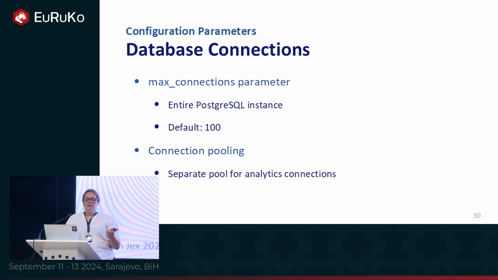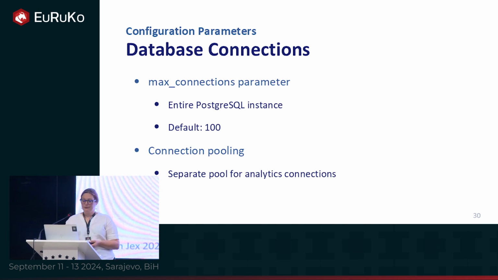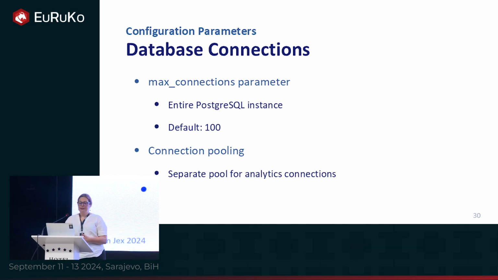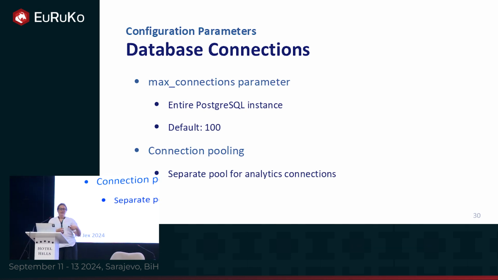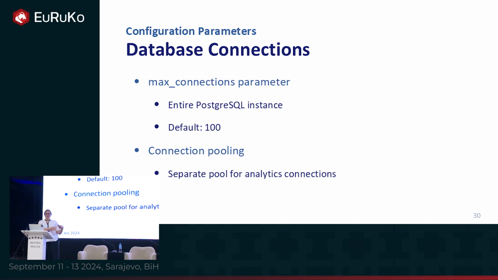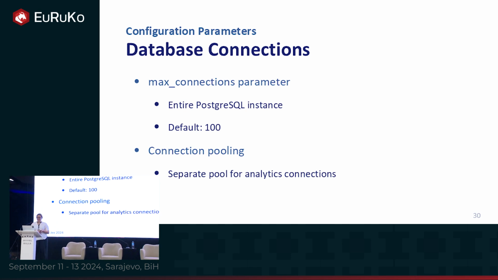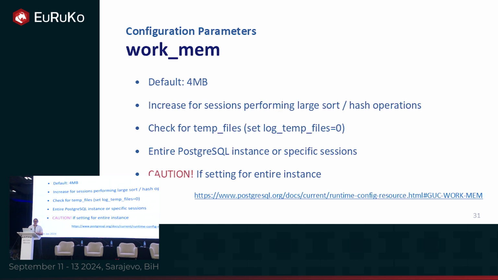The default is 100 on most systems, and you probably don't want it much higher than that. Definitely no more than a few hundred if you can help it. And you probably want to limit the number of analytics connections to much less than that. And to do that, you might want to look at connection pooling, so for example, PG Bouncer, so that you could create a separate, smaller pool for those analytics connections.